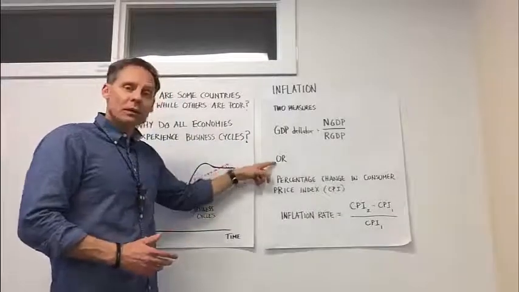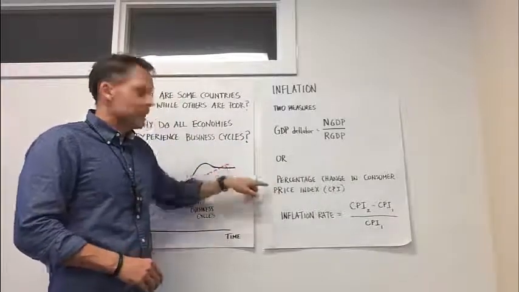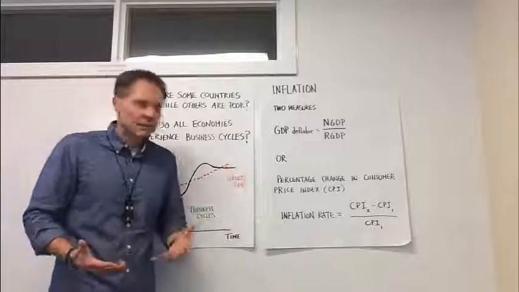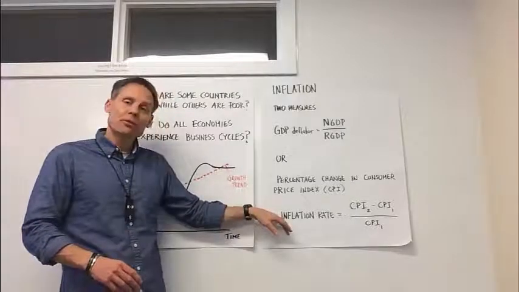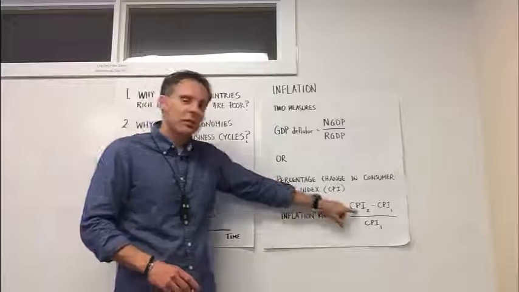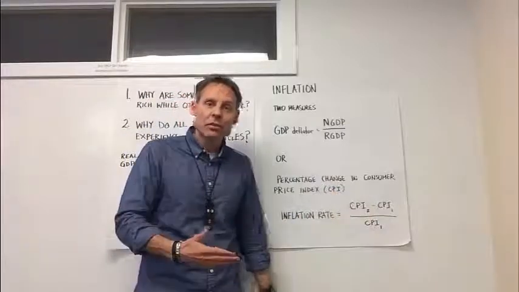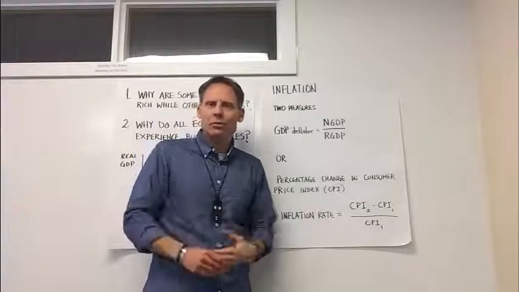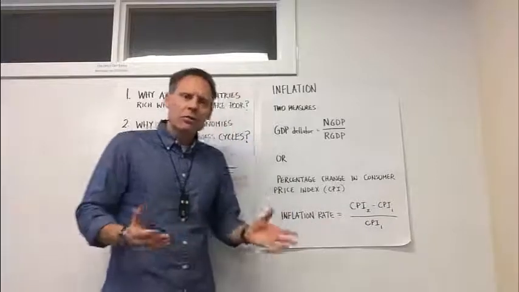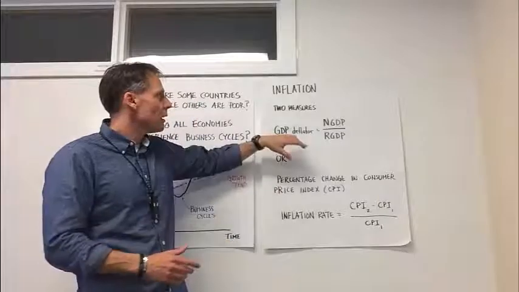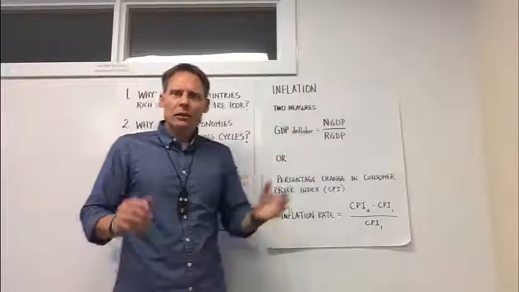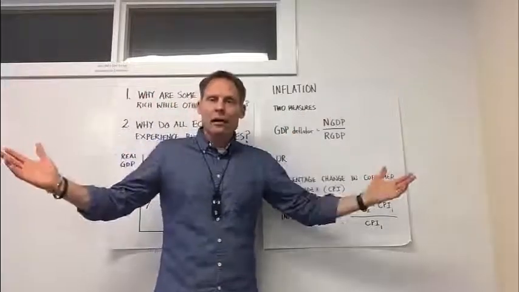Another way to measure inflation is taking the percentage change in the consumer price index, where the inflation rate is equal to the consumer price index in one year minus the consumer price index in a previous year divided by the previous year consumer price index. Now, the reason we want to do this is because the GDP deflator looks at prices across the entire economy.